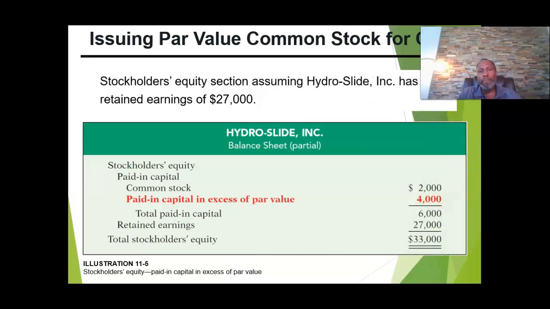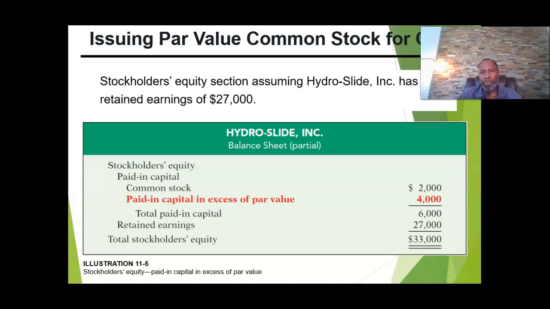Now on the balance sheet, you're going to show common stock based upon its par value amount. So we issued 2,000 shares of common stock. Their par value is $1 a share. So that $2,000 goes in paid in capital. Recall that 1,000 shares were issued at $5. They were issued at a price of $4 above its par value amount.